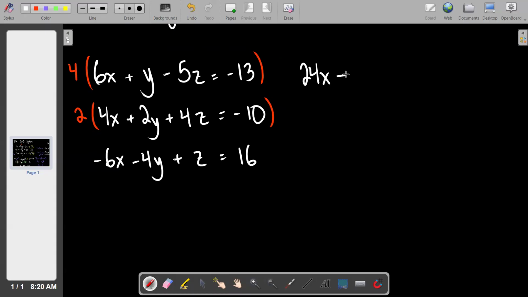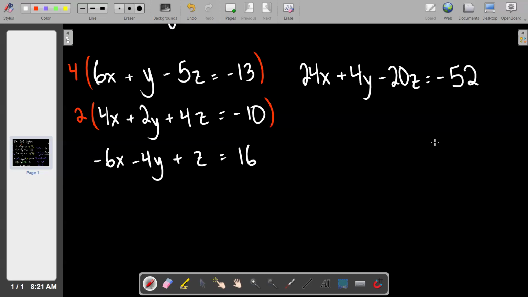24x plus 4y minus 20z equals... one down. I could say two to go, but really the bottom one's just going to be a copycat, right?